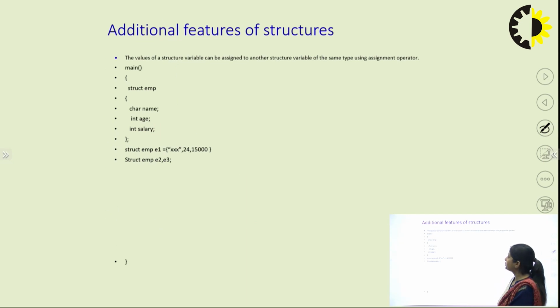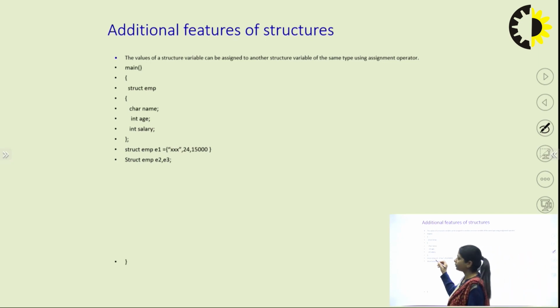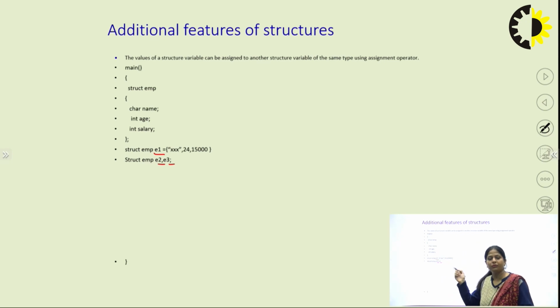Here we have some additional features of a structure. The values of a structure variable can be assigned to another structure variable of the same type using the assignment operator, right? How can we do that? Suppose we have declared 3 variables, E1, E2 and E3, of type employee structure.